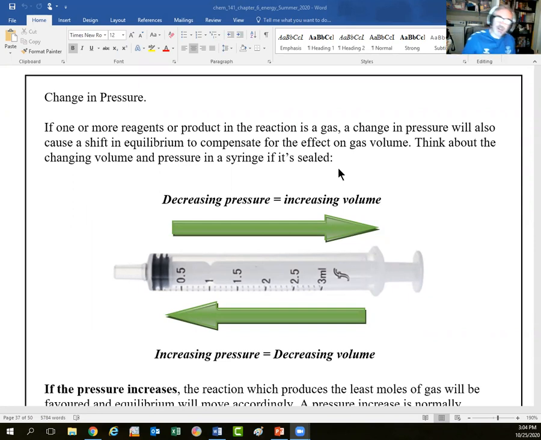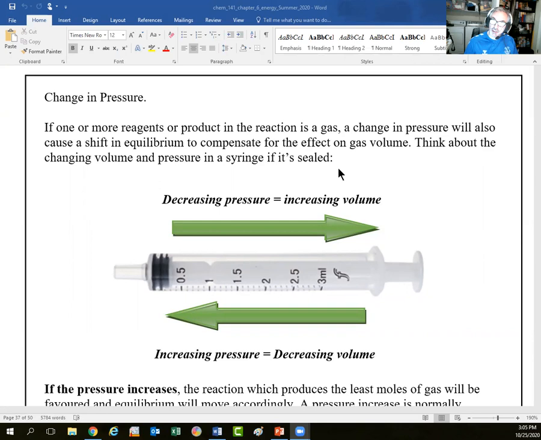When you remove a chemical, equilibrium moves towards the chemical to compensate for having too little of that chemical. The system's always trying to compensate. That's what Le Chatelier's principle is telling us.